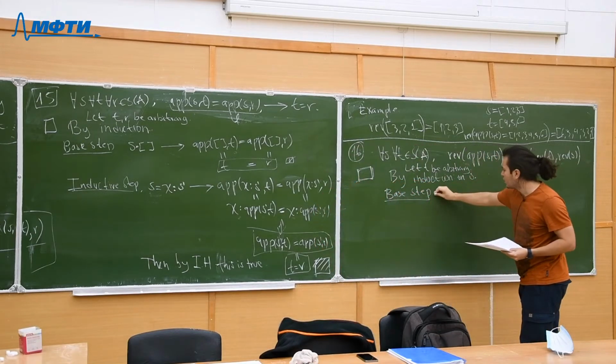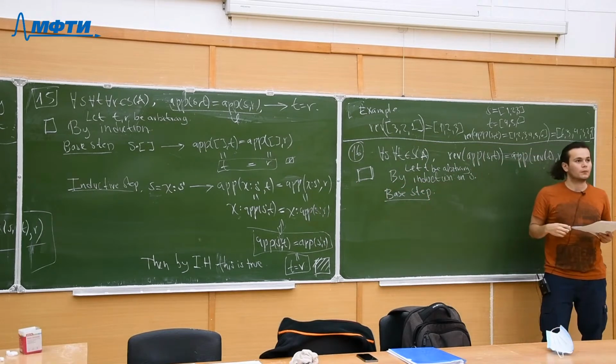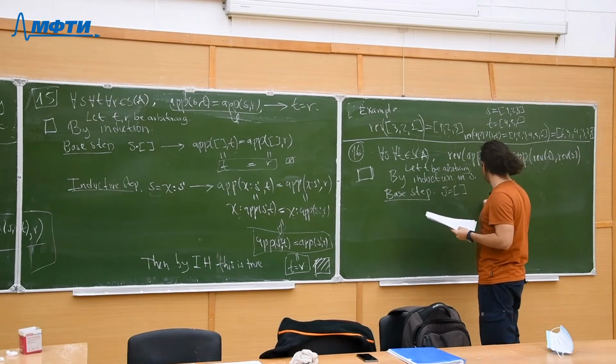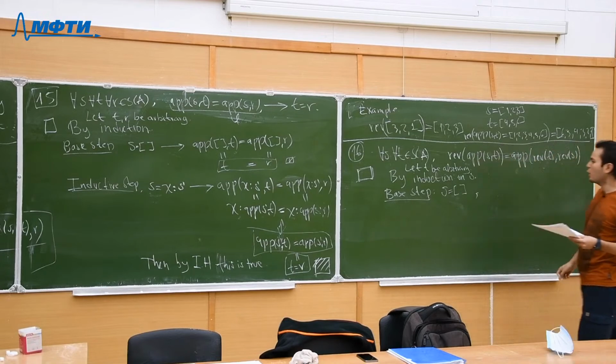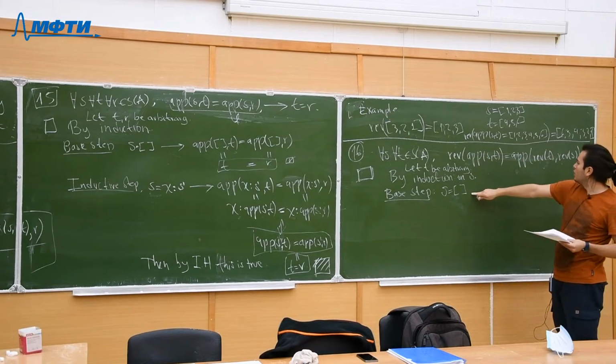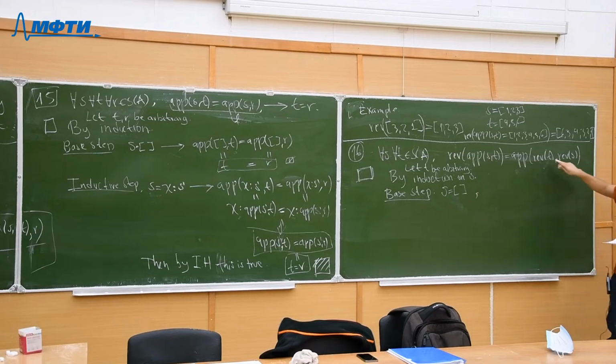What do we need to consider now? Yes, so that S is the empty string. So we consider that S is an empty string, and we need to put the empty string here, right?